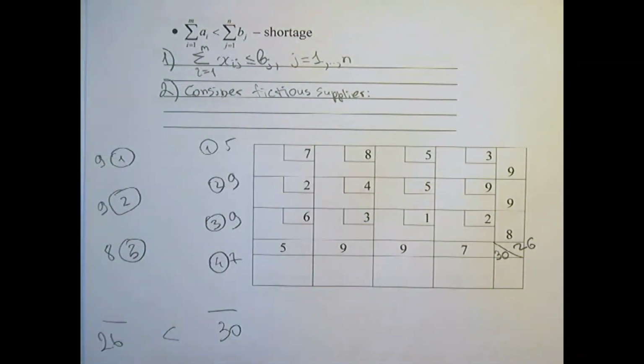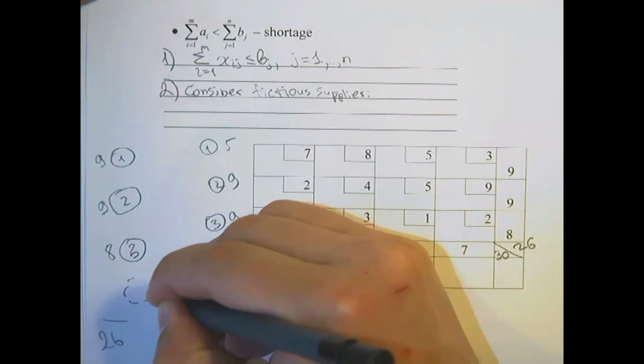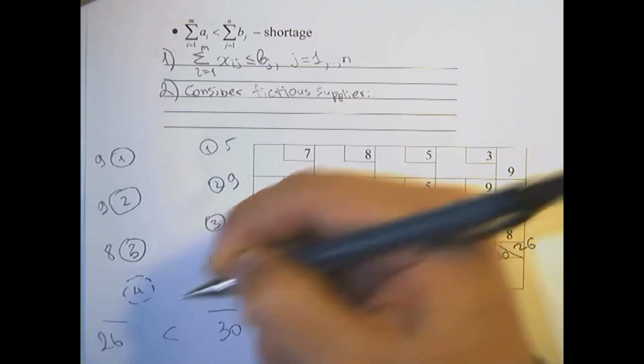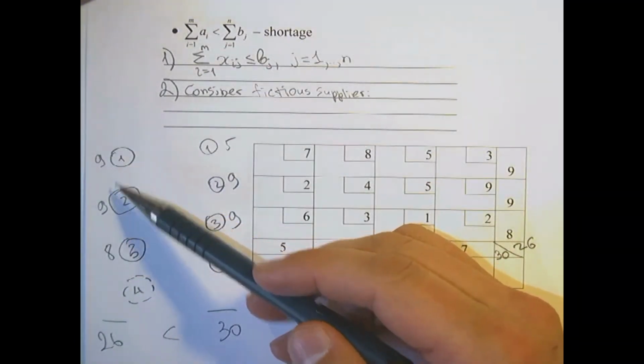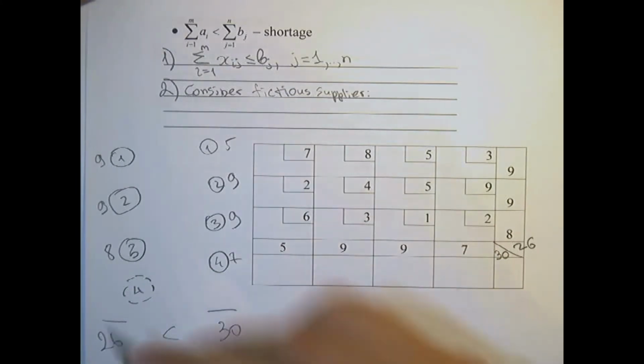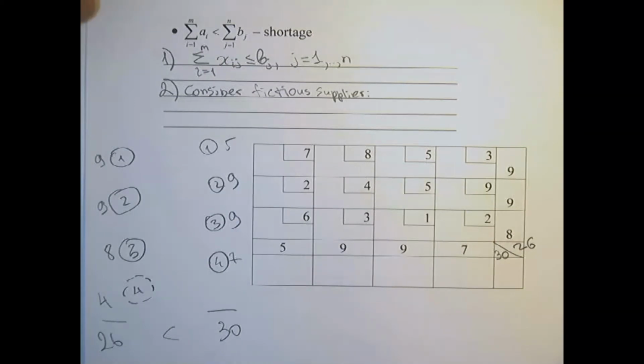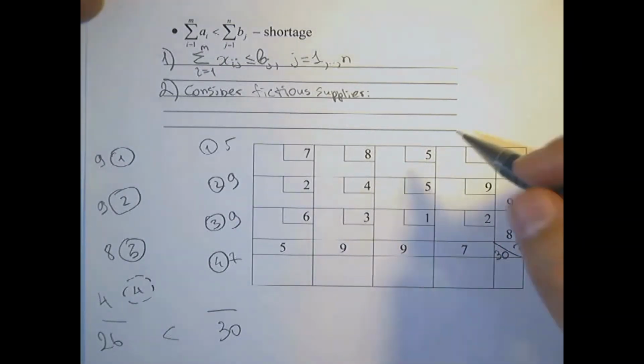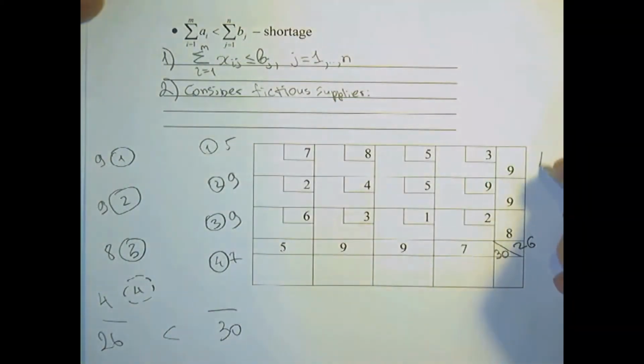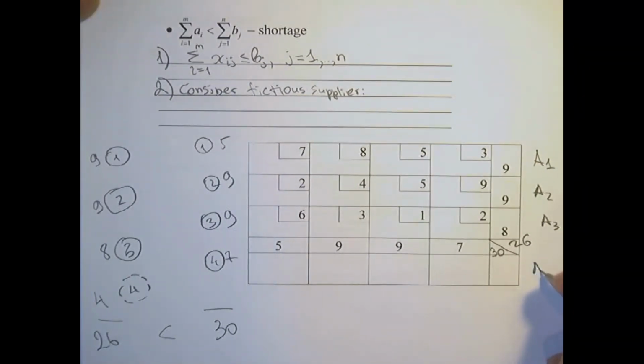If we look at the network, it means that we add a fictitious supplier number 4, and the supply volume is the difference between 30 and 26, it is 4. If we consider the corresponding table, we should consider the first row for the first supplier, the second row for the second supplier, for the third one, and for the fictitious supplier, number 4.